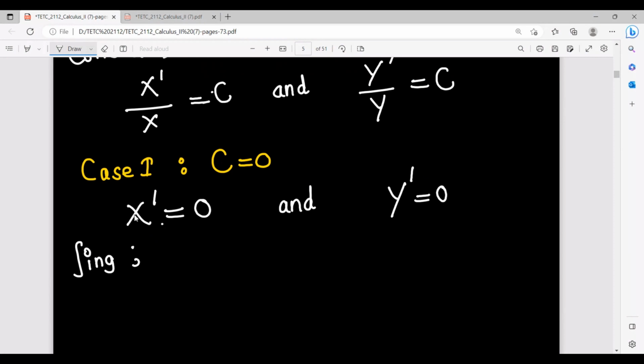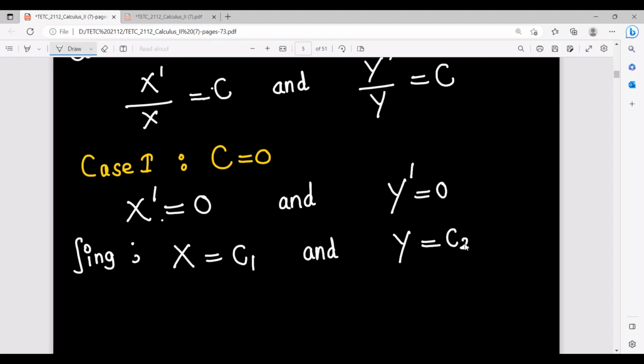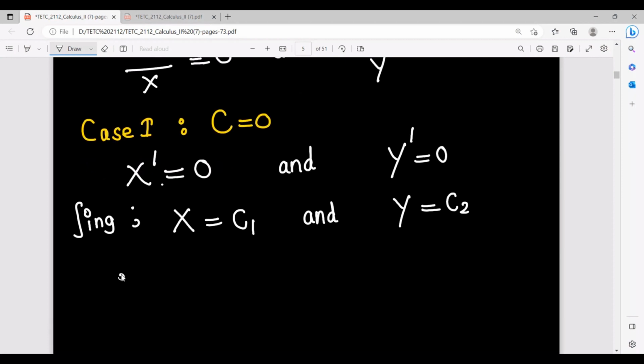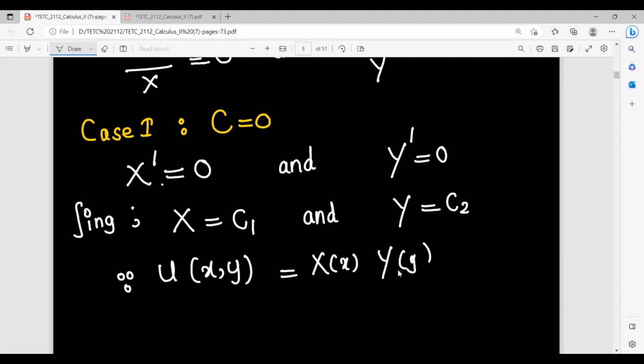What happens when we integrate this? If we differentiate something and the answer is 0, what was it? A constant. So the integration has to be some constant C1. Similarly, on this side, capital Y is equal to a constant C2. Since our capital U is equal to the product of capital X of x and capital Y of y, we can write this U of x and y as a product of these two constants C1 and C2.